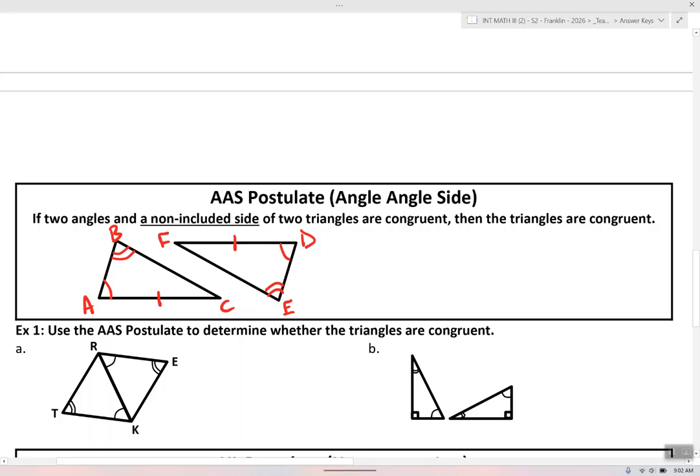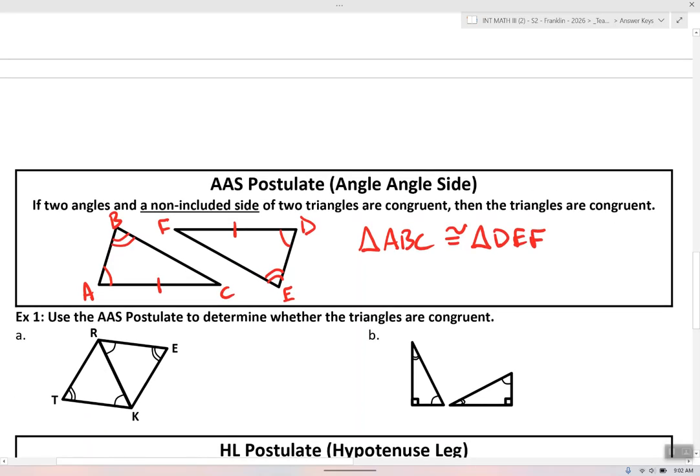If those are congruent, then the triangles are also congruent. Because there is no other way to have that triangle in those pieces without being the same triangle. I can't make some third triangle that has that information but is a different shape. So triangle ABC is congruent to triangle DEF.